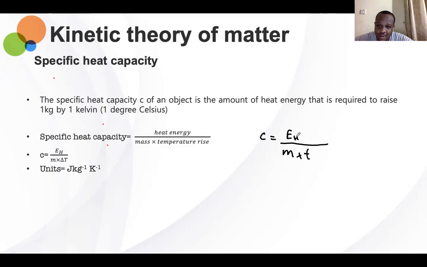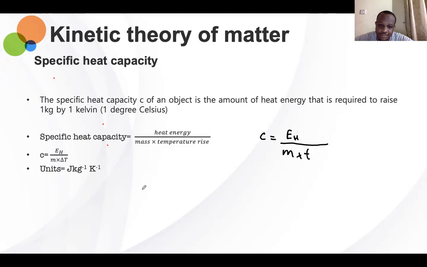So they are directly related. Also, if we have a constant heat energy supplied, but we change the materials and we get one with a lower specific heat capacity, then the temperature change will go up.